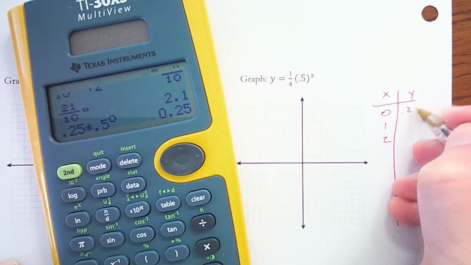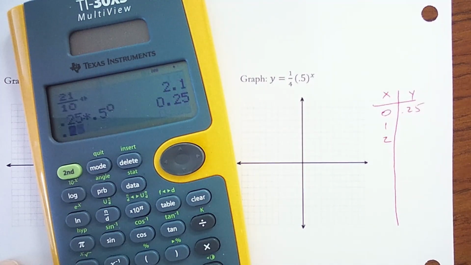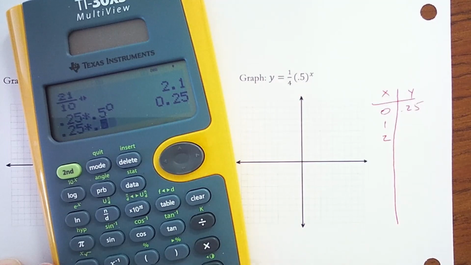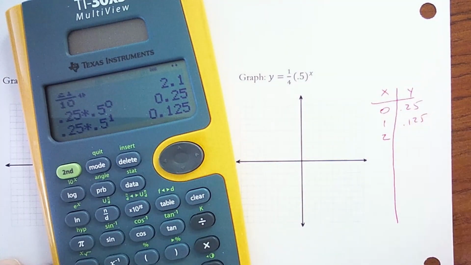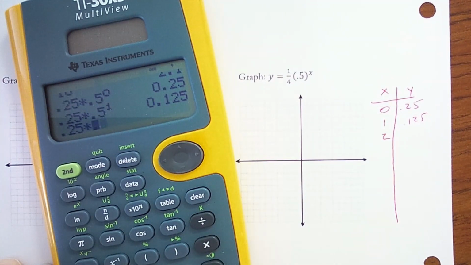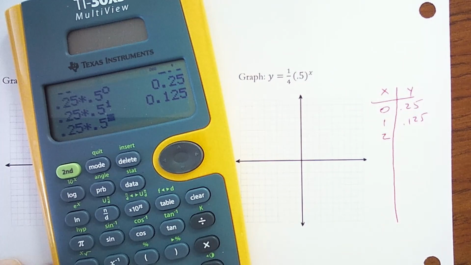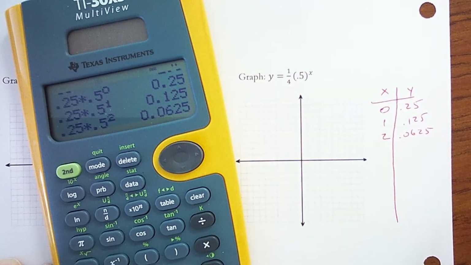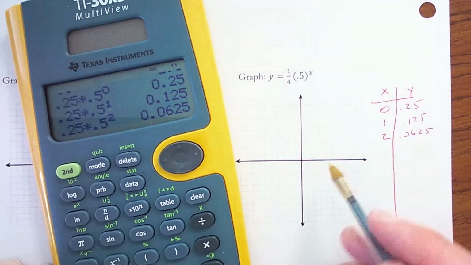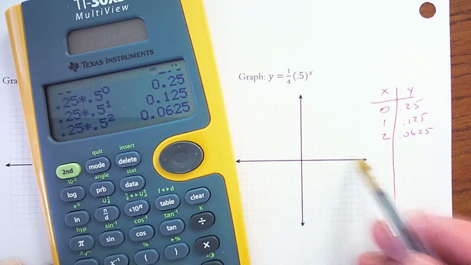That's 0.25. 0.25 times 0.5 to the first power is 0.125. 0.25 times 0.5 to the second power is 0.0625. So it's getting closer and closer to a y value of 0 as we go farther to the right.